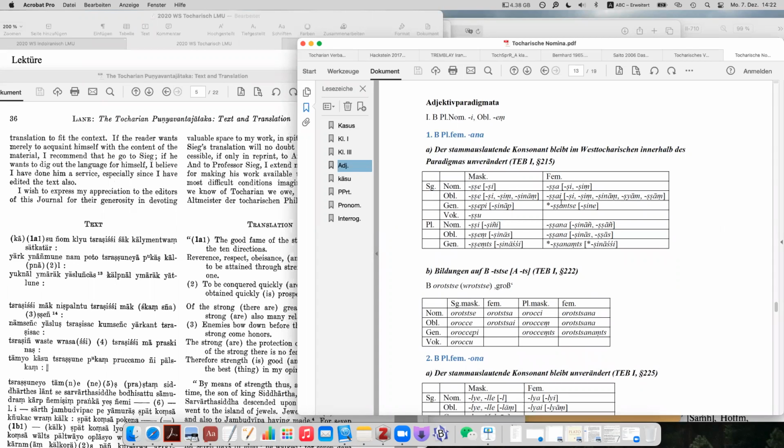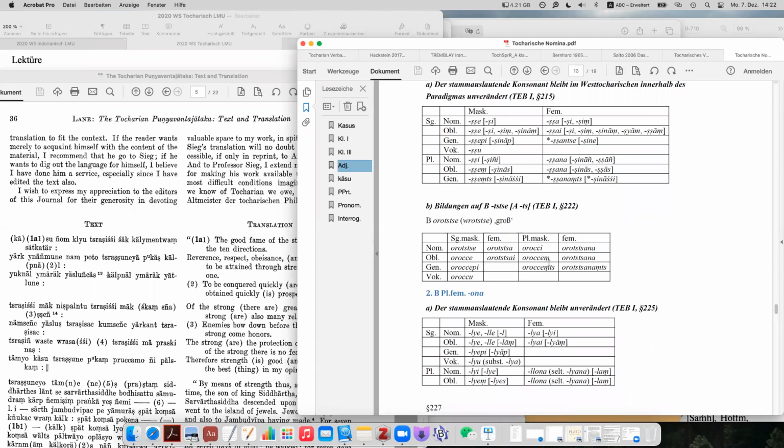For the adjectives, you will always find the three case forms in the grammar, because all the other forms you can build from the oblique, from the accusative. There are several classes of adjectives, which we also introduced last time. This one is quite productive in Tocharian.